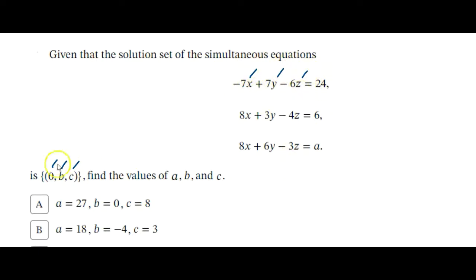Okay, so let's substitute the 0, b, c into the first equation. I got 0 for the first term because x is 0, 0 multiplied by -7 will be 0, and the y will be replaced by b. The z will be replaced by c, and this is equals to 24. So simplify, you got 7b minus 6c equals to 24.